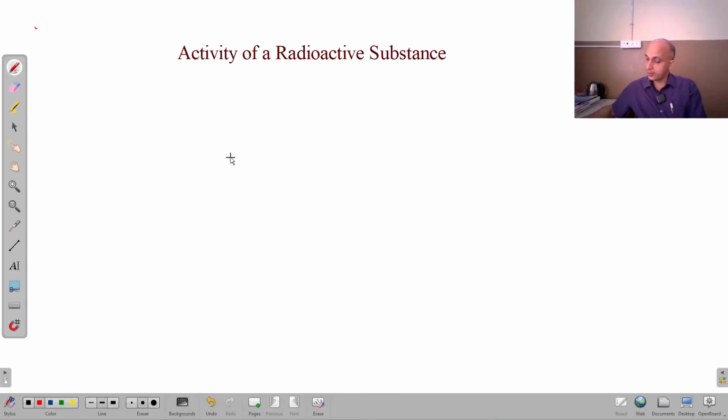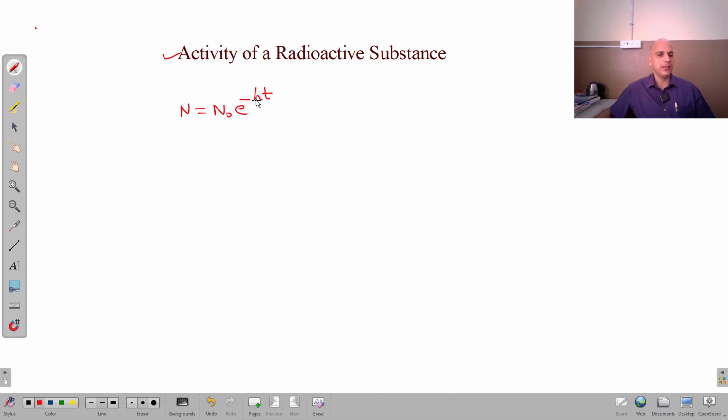So in this lecture, I am going to discuss the activity of a radioactive substance. In the previous lecture, I discussed the half-life period and average or mean life of a radioactive substance. I also discussed the radioactive decay law, and we derived the equation N = N naught e raised to power minus lambda t.